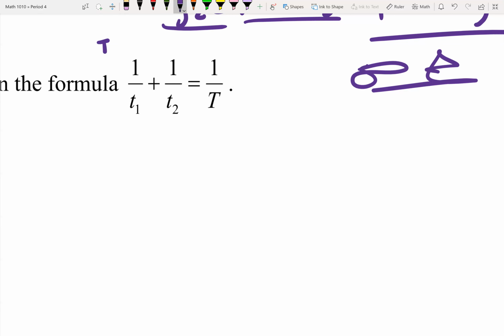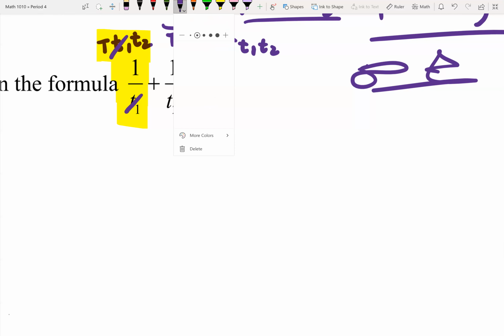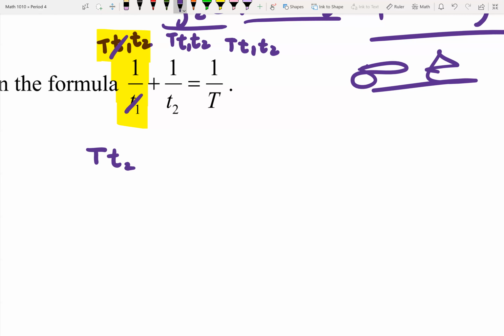Okay, so I'm going to multiply by T times T sub 1 times T sub 2. That's three things. In this one, the T sub 1 cancels. They both cancel. And then I have a capital T times T sub 2. There are two variables sitting there.